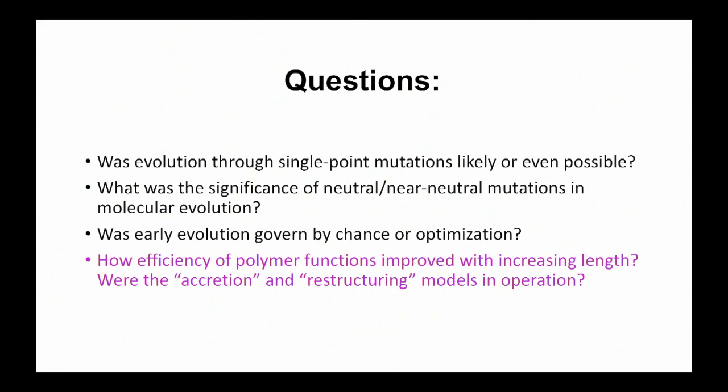Was evolution through single-point mutations likely or even possible? Surprisingly, there is very little, if any, evidence that this is indeed the case, even though we strongly believe it, at least for early molecular evolution. What is the significance of neutral or near-neutral mutations?